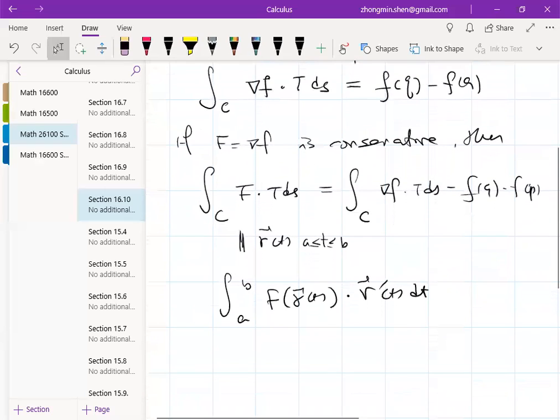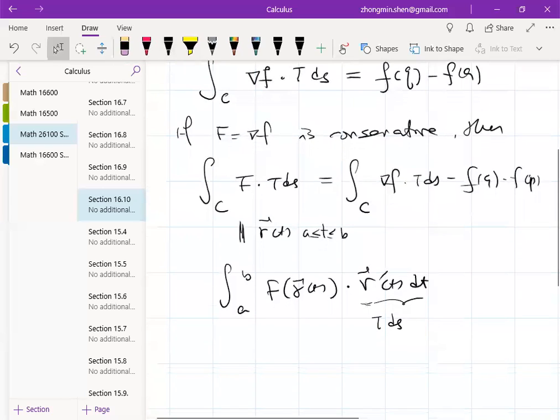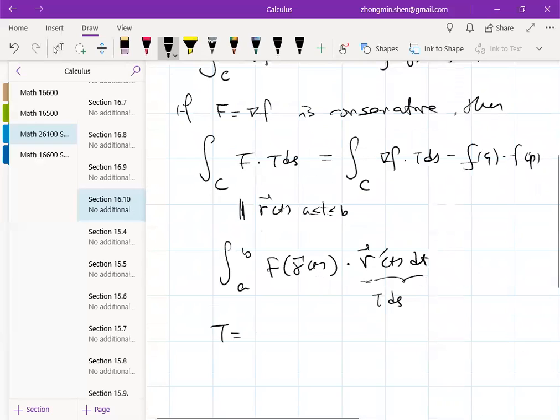All right, so that's it. Now, what is this part? This is nothing but T ds. T is the unit tangent vector, and ds gives you this. Actually, T is going to be r prime of t, normalized. But ds is going to be this one. So in the product, the length of the tangent vector, the length of r prime of t, is cancelled out.